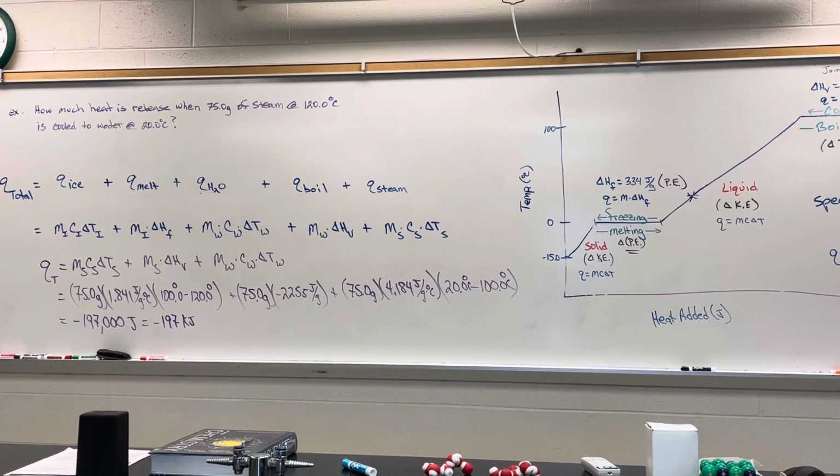And anytime, again, boiling is positive 2255. To make the water boil, I was putting heat in with the burner. But when you condense it, the steam just naturally condenses, and that heat's released to the surroundings, just into the air.